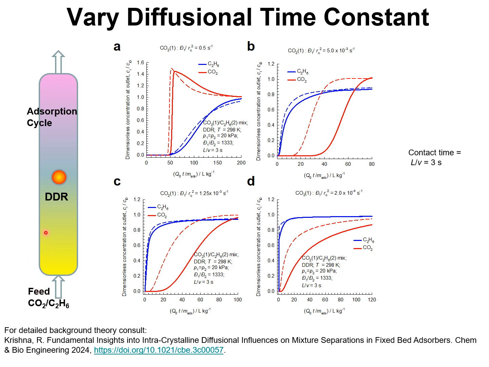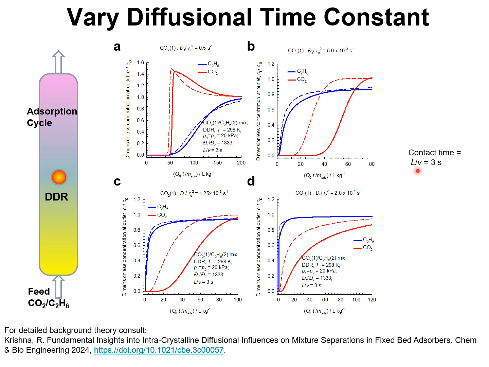for the fixed bed adsorber, keeping the contact time between the gas mixture and the crystallites constant at the value of 3 seconds. L is the length of the packed bed, and V is the interstitial velocity of the gas mixture.